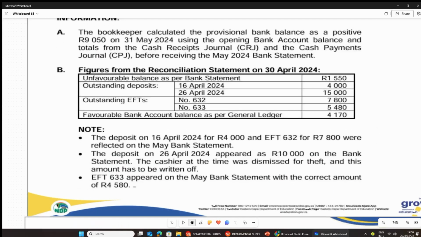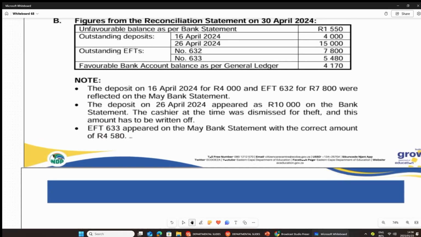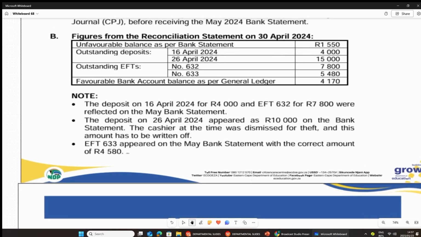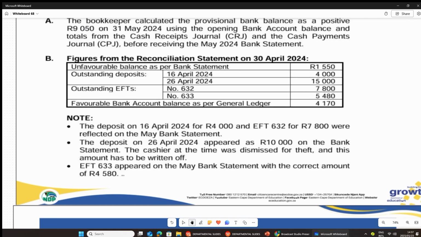Then the next item here, EFT 633 appeared on the May bank statement with the correct amount of 4,580. So EFT 633, which is this one here, there is the amount that we recorded, 5,480. It states it reflects on the May bank statement.